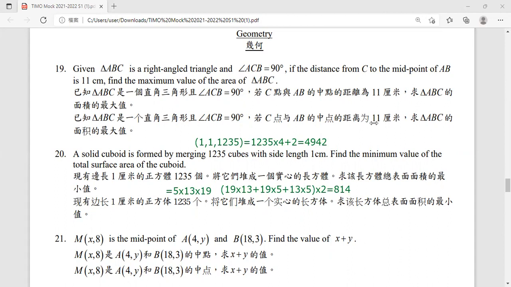Now, if I have a fixed volume and I want to make the surface area largest, I will make it into a very long shape, for example a very long stick.